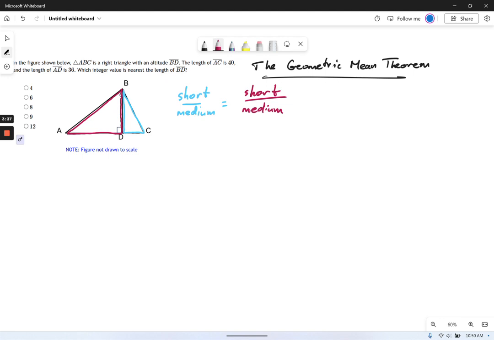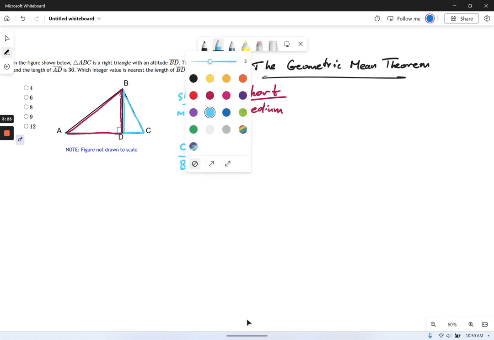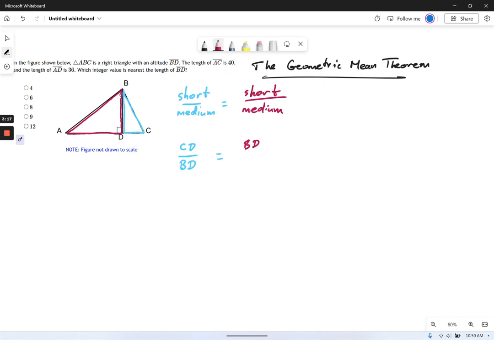And now if I put some actual numbers and letters on this, what does it mean? Well, the short side of this thing is CD, and the medium side is BD if we're looking at the blue triangle. And that's equal to, if we go over to the red triangle, the short side of the red triangle is BD. And the medium side of the red triangle is AD.